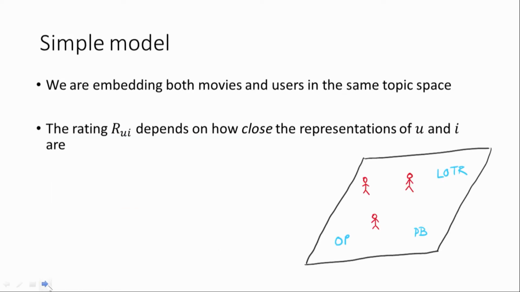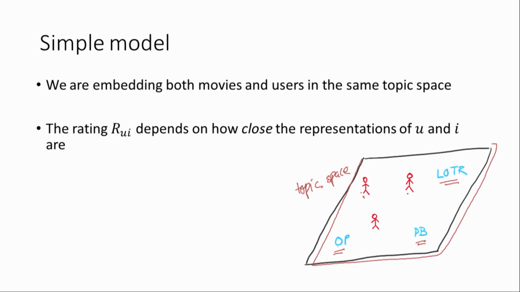right? So one way of thinking about it is that we're thinking about this low dimensional space. This is kind of like the topic space. And we are saying that, look, both the movies, the LOTR or the Princess Bride or the Order of the Phoenix, as well as the users, they're points in this space.